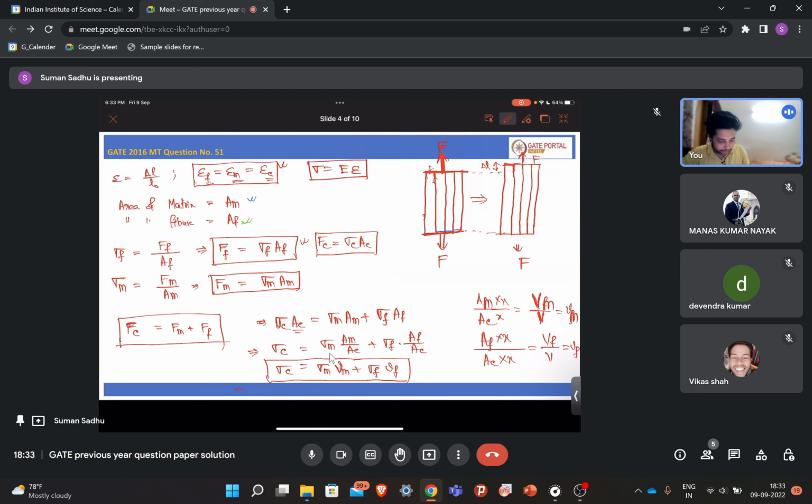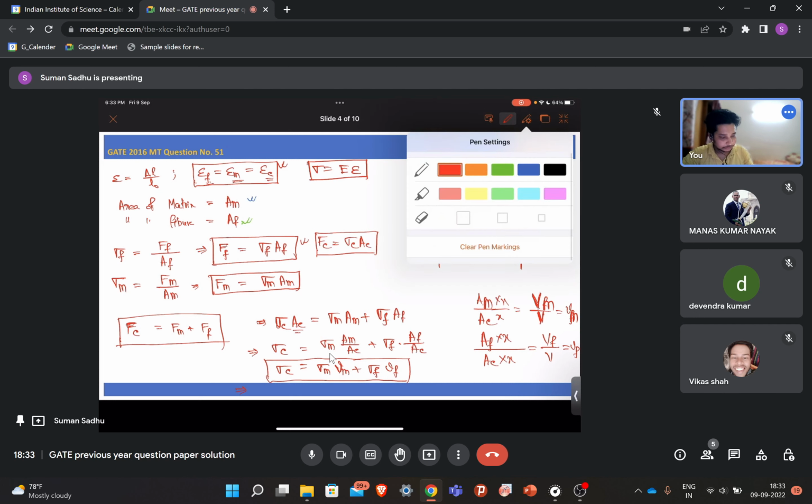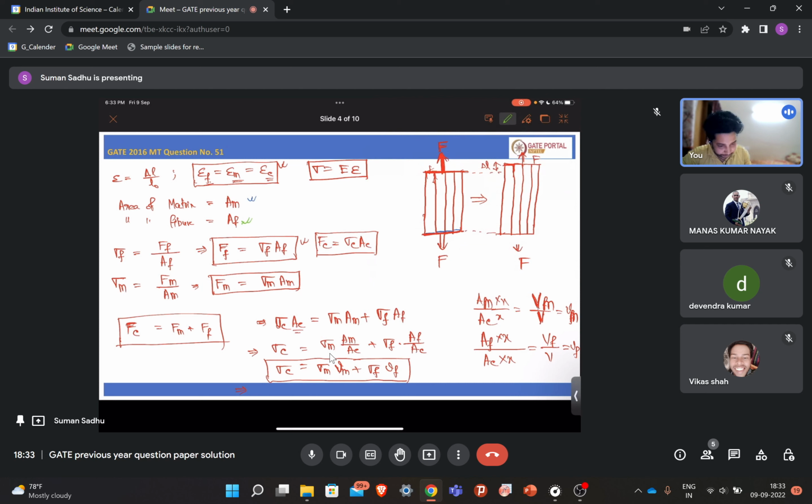So now you can write it as, sigma c is E c into epsilon, equal to E of m Vm into epsilon plus E of f epsilon into V of f. So now this epsilon will cancel out because epsilon is same for all the phases.